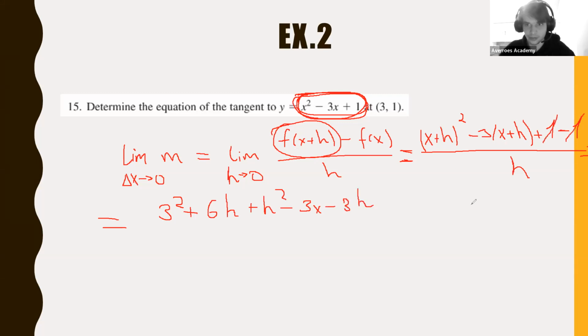And we are simplifying 1, right? Now, instead of 3x, we are writing 9, right? So what would be the next step?